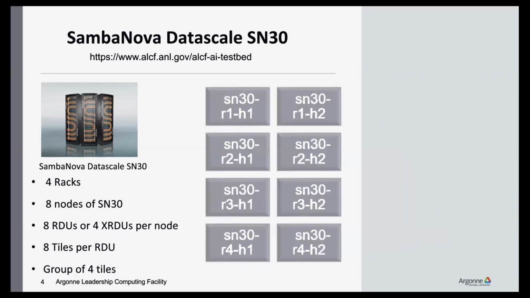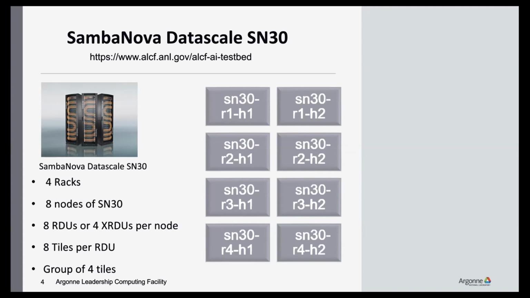As we've seen, we have these 8 different nodes here at ALCF. Each of these nodes is specified by a different name. When we say SN30, that is the system we are talking about, and then we have numbers specified by R, meaning rack.